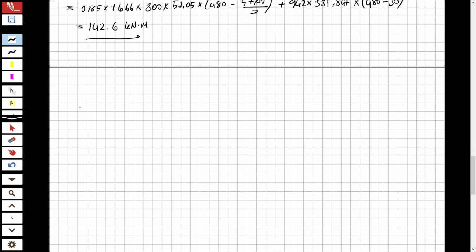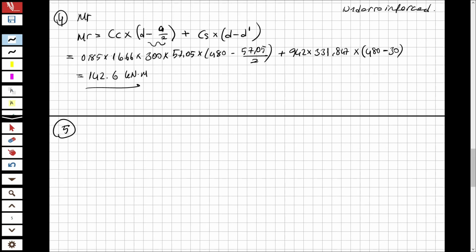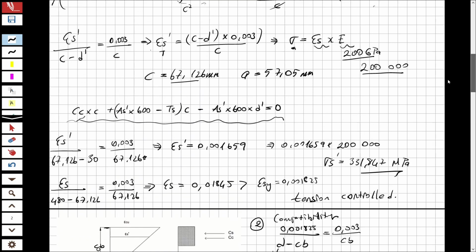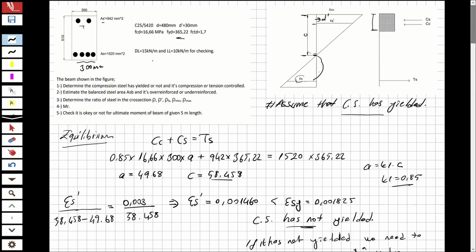Let's find the fifth part. Let's check the question and then we are going to write it here. For the fifth part, it says to check whether the beam is okay or not for the ultimate moment of the given 5 meter length. Let's check. We have forces here.